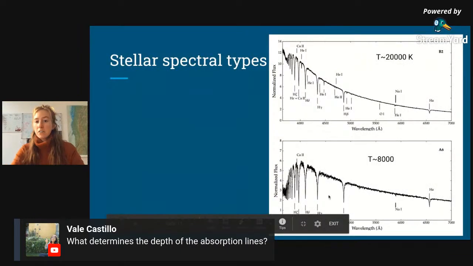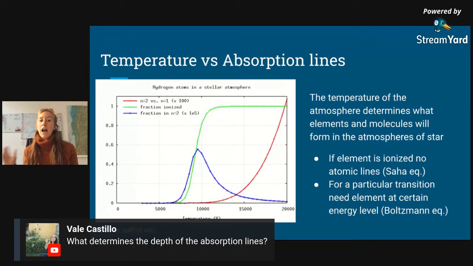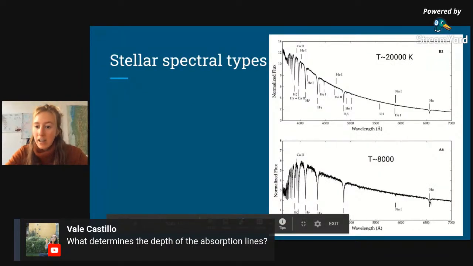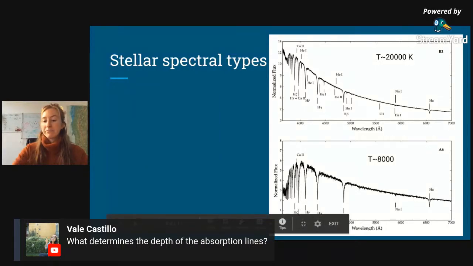For our A star here, you can see that it has really deep hydrogen lines. And so the depth of those hydrogen lines is going to depend on how much hydrogen is in the n=2 state. In particular, this is H alpha. This is the transition from the n=2 state to the n=3 state, and it's at 656. The rest of these are Lyman lines, so they're from the n=1 state.